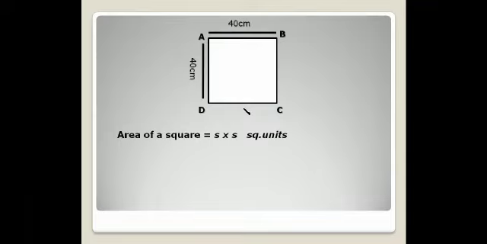I have written here S and S. S means side. Side into side. So one side is 40 centimeters. The other side is also 40 centimeters, square centimeters it will come. So 40 multiplied by 40 is 1600 square centimeters.